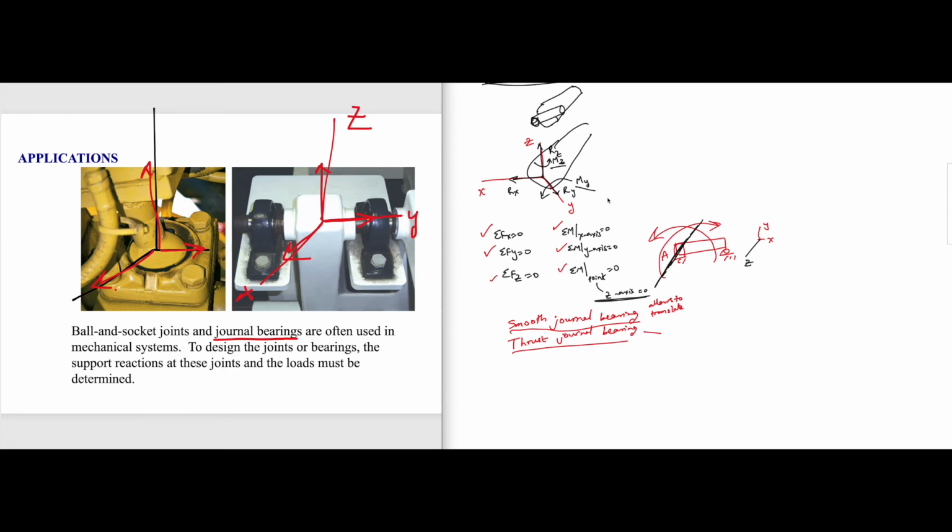This one prevents translation. So we have to read the problem carefully. If I just say journal bearing, we have to understand it's a smooth journal bearing. But when I say thrust, I'm going to specify clearly that it is a thrust bearing. That means it prevents translation.